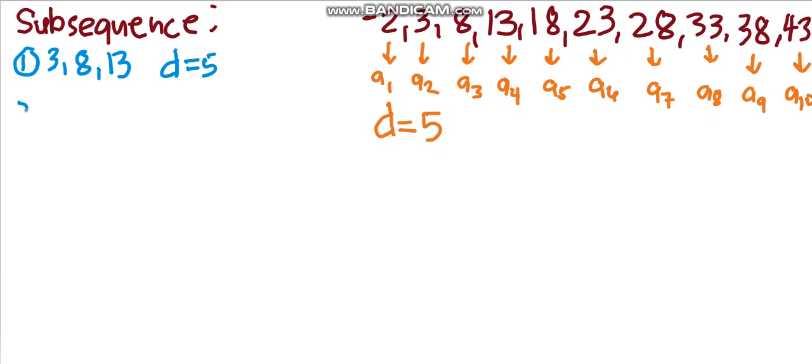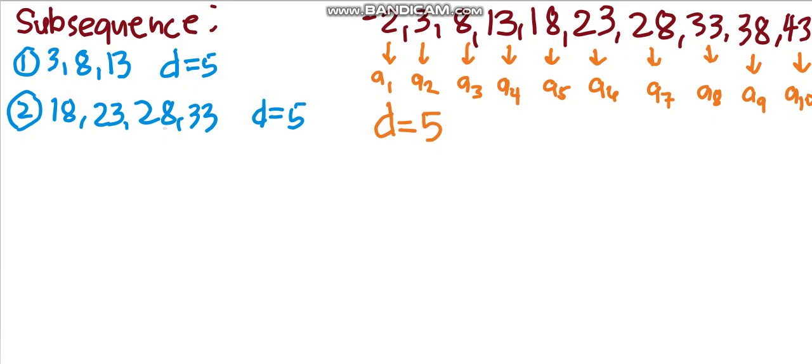Next, if we are to choose, let's say, 18, 23, 28, 33, still, D is 5. Plus, it has to be in order. It should not be 18, 28, no. Whatever the order from the original, that should be your order in your subsequence.